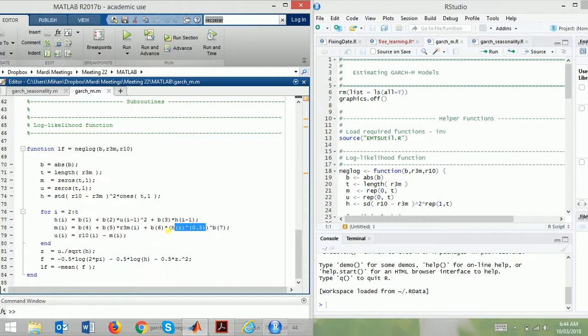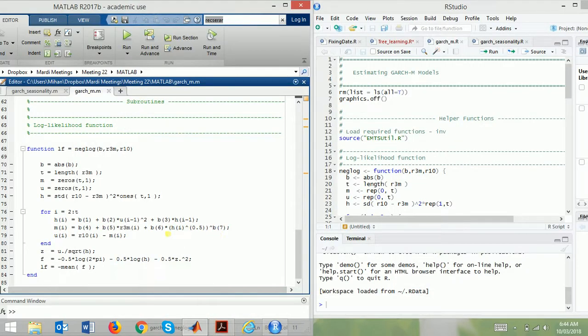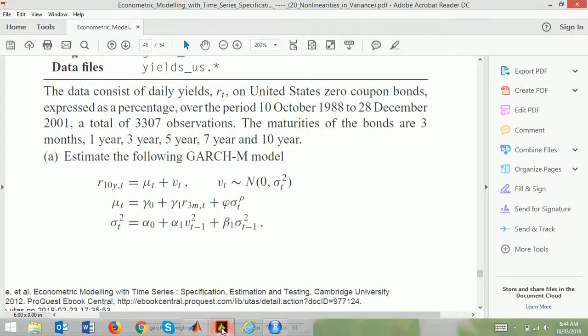So we are concerned with finding the variance here, h_t, because h_t will capture the risks associated with these parameters, right?